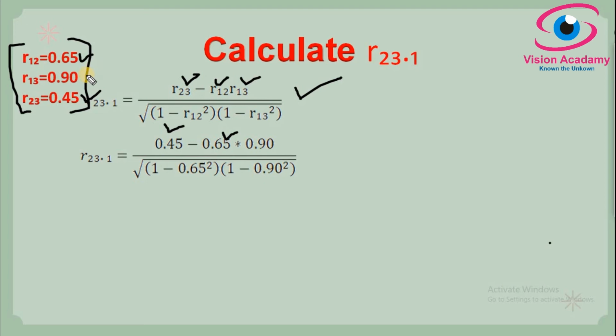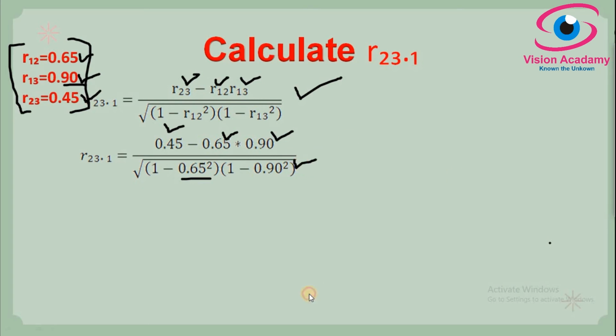R13 is 0.90, which is also replaced in the denominator. R12 is 0.65, so 1 minus R12 squared, which is 1 minus 0.65 squared, and here 1 minus R13 squared, R13 is 0.90, so 1 minus 0.9 squared, which is replaced.